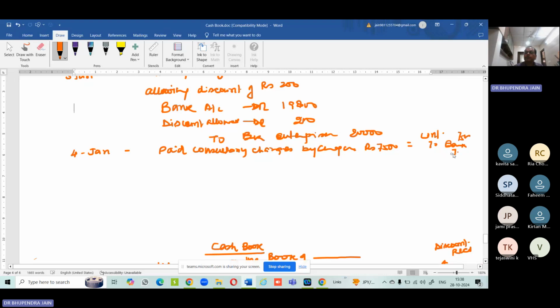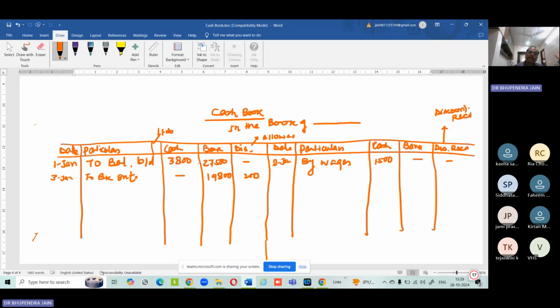So record the entry on the date, by consultancy charges. How much is paid from the bank? How much is paid in cash? Total 17,500 rupees paid by check.